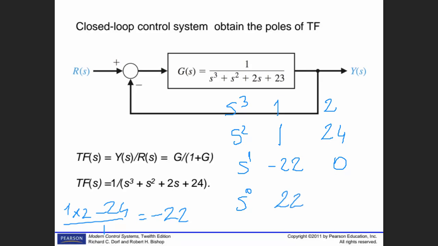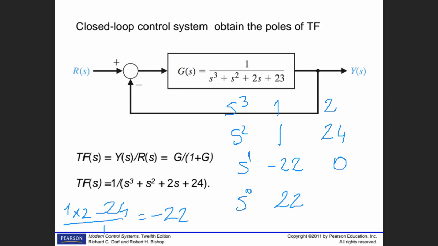I repeat, minus 22 times 24 divided by minus 22, so two minuses cancel each other, and we obtain plus. So this is the Routh table.